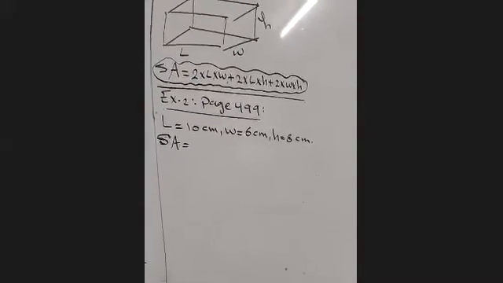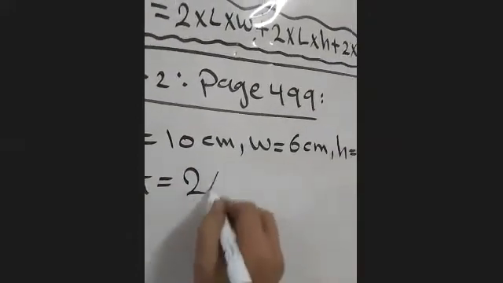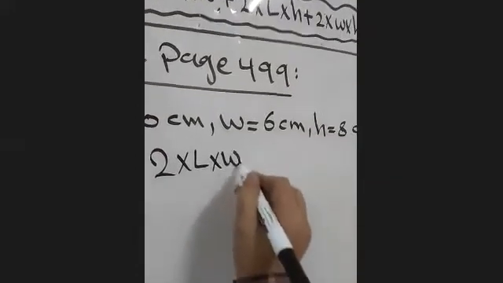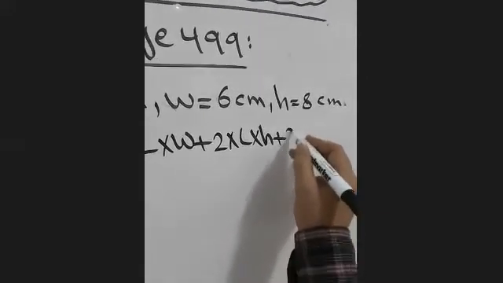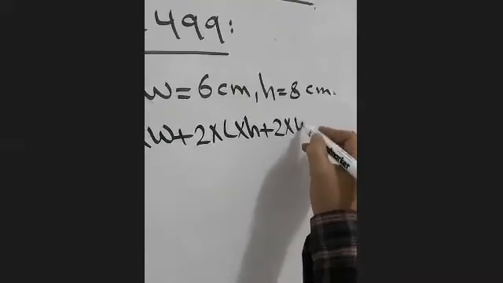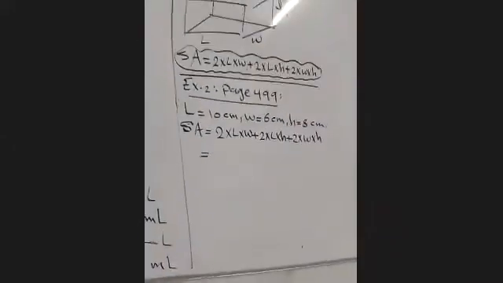Now this is the formula. We will write it here. So it is 2 multiply length multiply width plus 2 multiply length multiply height plus 2 multiply width multiply height. Right, Yazid?